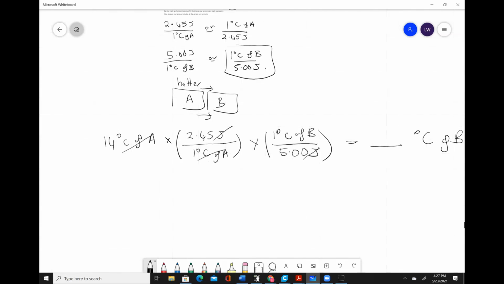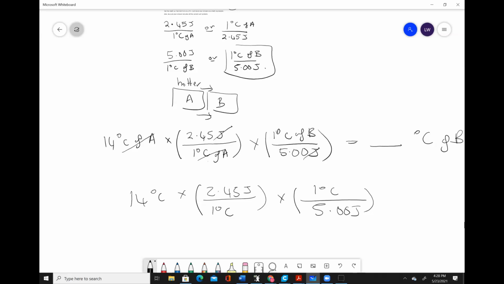So these are the two conversion factors that we have to multiply by in this case, right? So it's going to be 14 degrees Celsius times 2.45 joules for every 1 degree Celsius times 1 degree Celsius for every 5 joules, and that's going to just cancel on out, and all that's left is degrees Celsius, so we know we got it right.